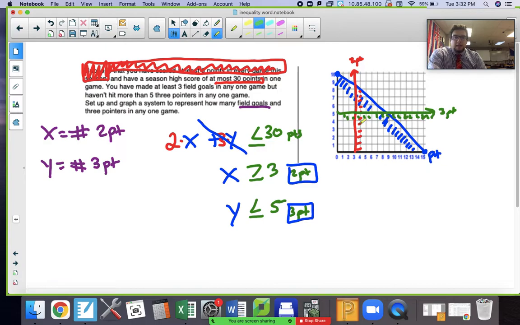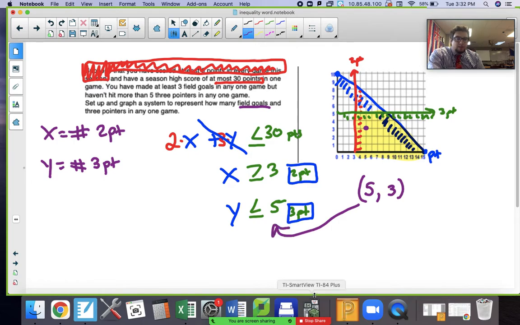So in a given game, actually we're going to go yellow. A given game, the number of baskets of each kind I made is in this yellow highlighted region. So again, I could have 5 2-pointers and 3 3-pointers, and that would fit all 3 of these inequalities.